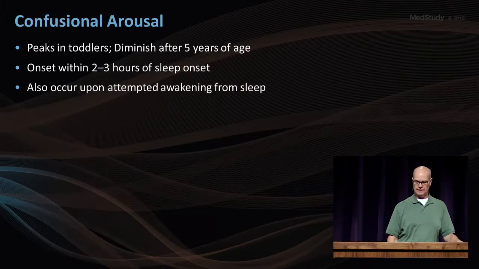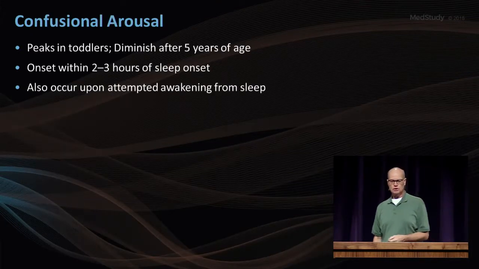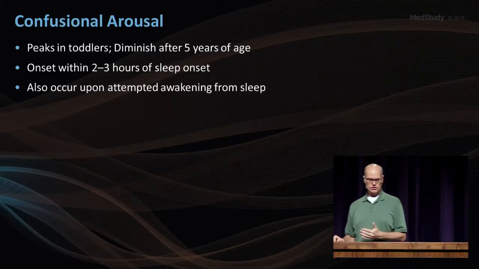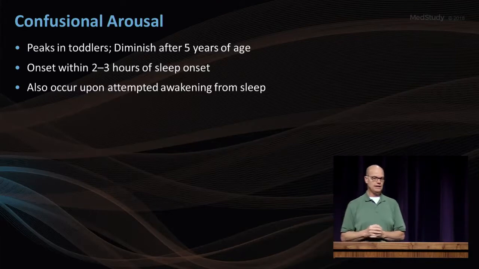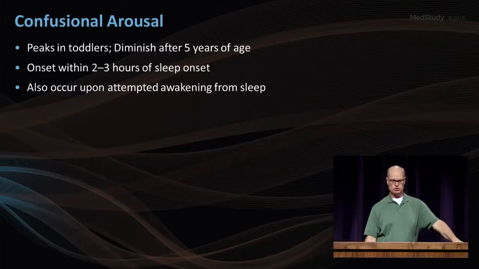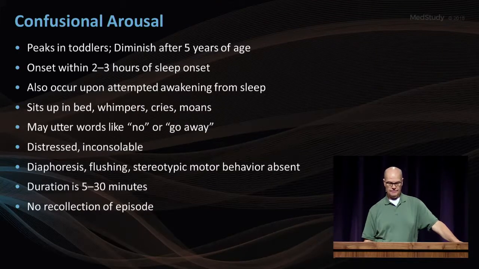Now, no specific intervention is indicated for either, except, again, if you have concerns about something disruptive in the home, like domestic violence. Confusional arousal, the way I look at this, is sort of a night terror that occurs too early. And what I mean by too early is looking at the age group, because this peaks in toddlers, usually right after sleep begins. Oftentimes these individuals will cry out. Again, they are inconsolable.